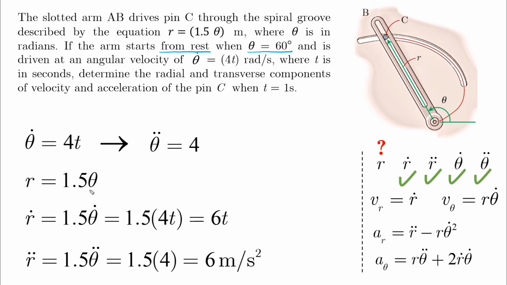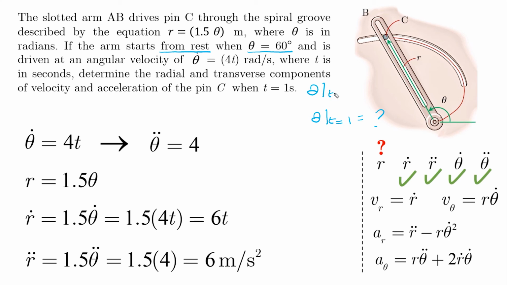Remember again, the question is asking for the velocity and acceleration when t is equal to 1 second. So to find the value of r when t is equal to 1 second, we need to find theta when t is equal to 1 second. We have theta when t equals 0, which is 60 degrees.